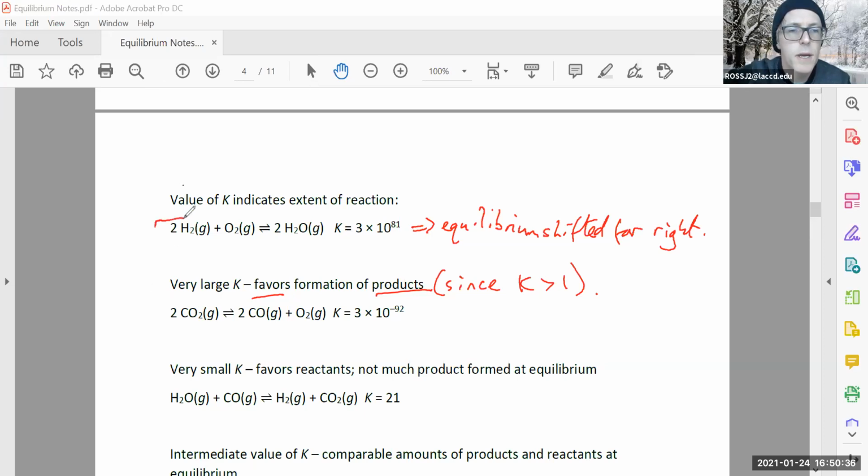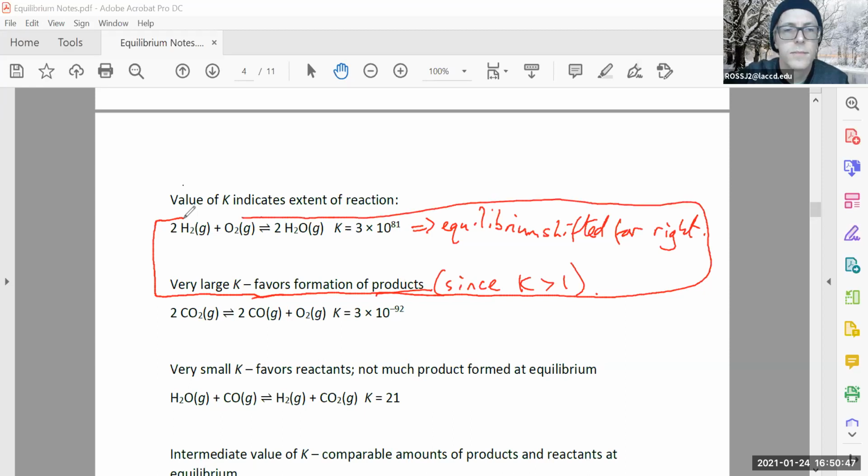I guess this comment goes with that one. Just want to make that clear. Because 10 to the 81 is a lot greater than 1. This comment looks like it goes with that one.